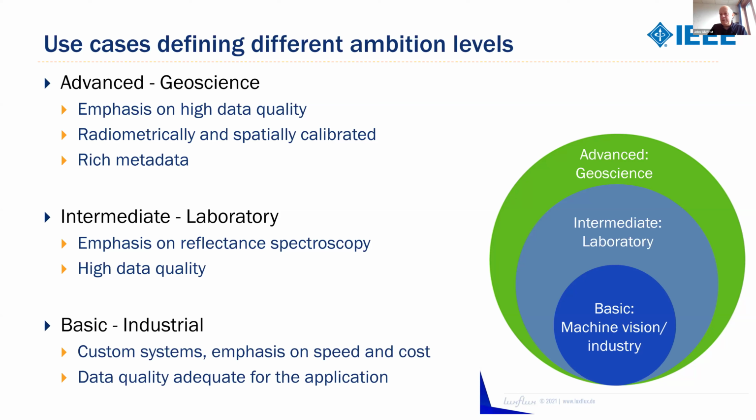And in the industrial use case, we have to account for cases where we have custom systems emphasizing speed and cost effectiveness, and that only need to be just good enough. But this is, of course, a significant market, and so it is important for us to be able to serve the needs of that market. And by subdividing into different use cases, we think we can do that.